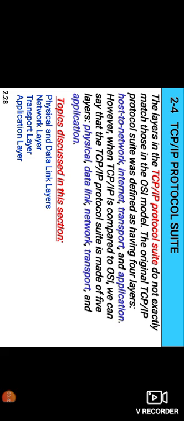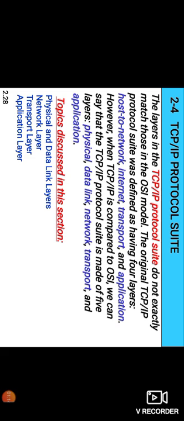The original TCP/IP protocol contains 4 layers. They are the host to network layer, internet layer, transport layer and application layer. If you are comparing TCP/IP to OSI, the host to network layer is the combination of the physical and data link layers in the ISO OSI model.